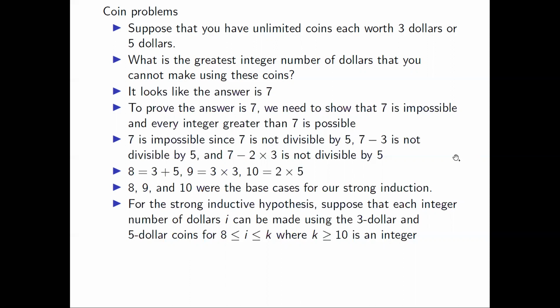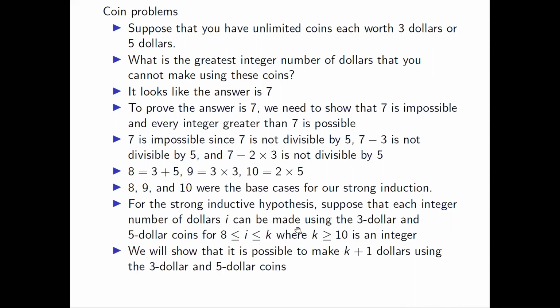Also, we're going to assume that K is greater than or equal to 10. So K is going to be the upper bound of the range of the integers for which we know that the property is true. It starts at 8, it goes up to K, and we want to prove our property for K plus 1. So we're assuming that it's true for 8 up to K, and we're going to prove it for K plus 1.